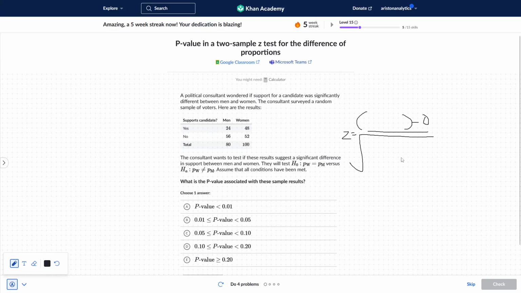Oops. Plus N over here is 80. Oh wait, women first.